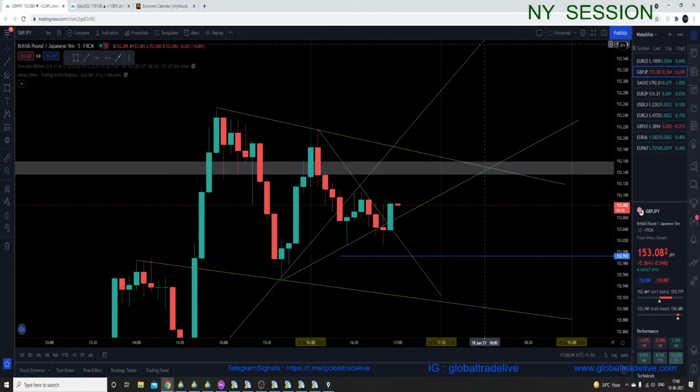It closed inside the range again, and most likely it will be tapping the upper trend line now.